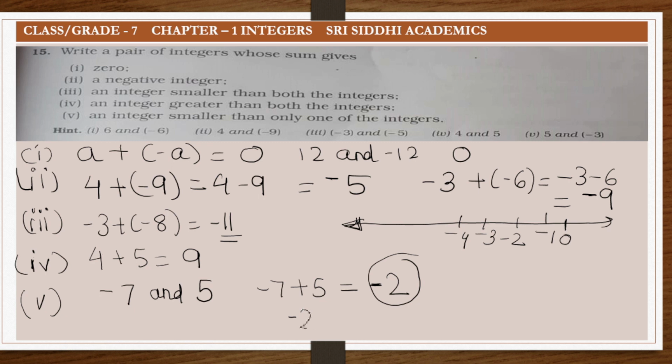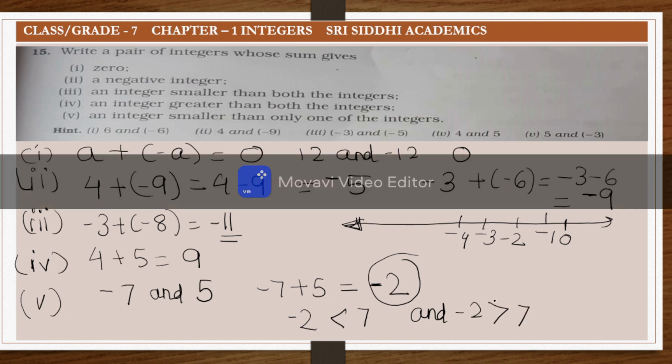It satisfies this condition, and it is greater than -7. So both the conditions that have been given to us are satisfied.